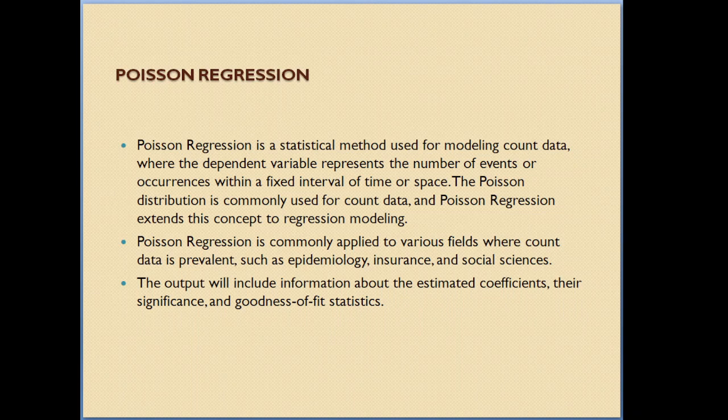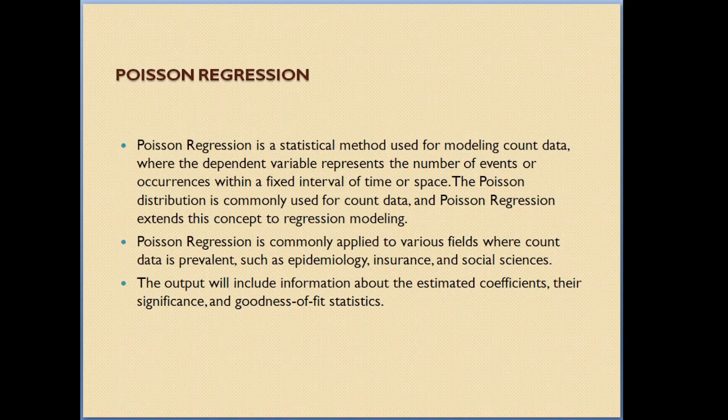If we know the occurrence of the number of events, we can get estimated coefficients, their significance, and how accurate it is and how it fits our statistics. So for counting our variable data and how much it occurs, we use Poisson regression.